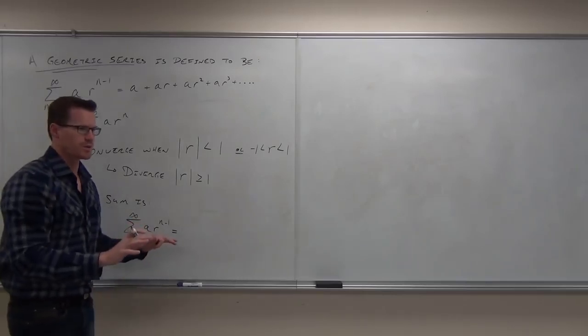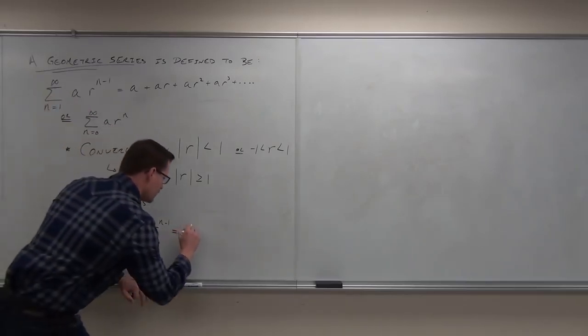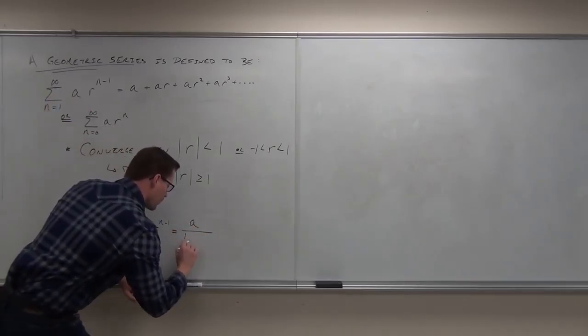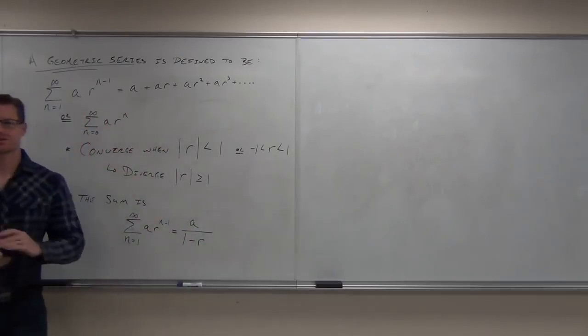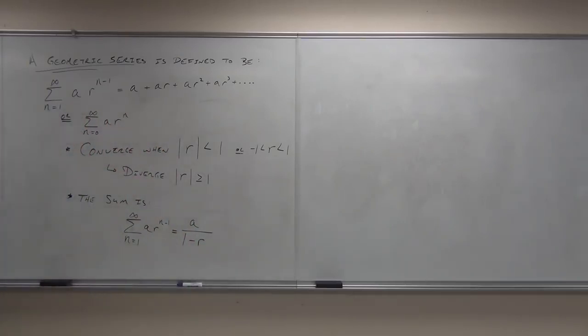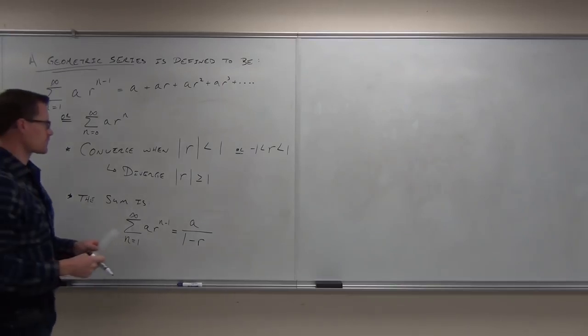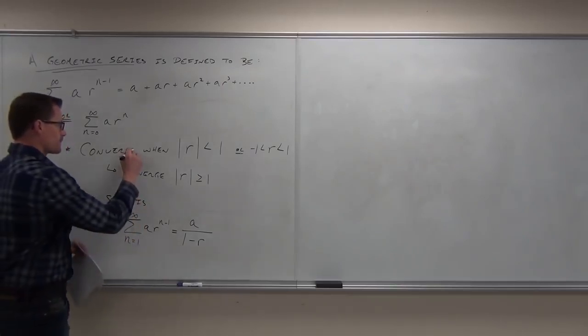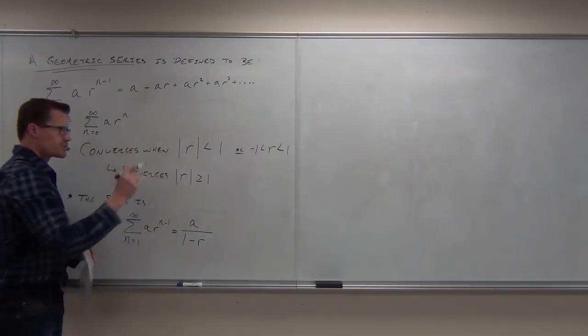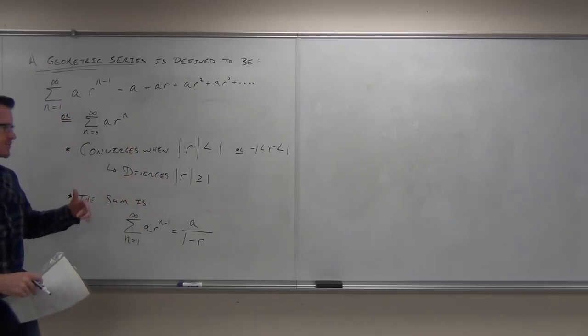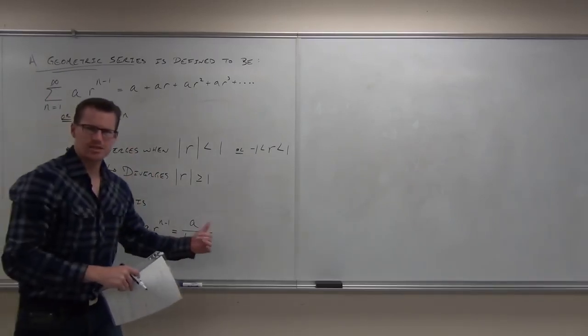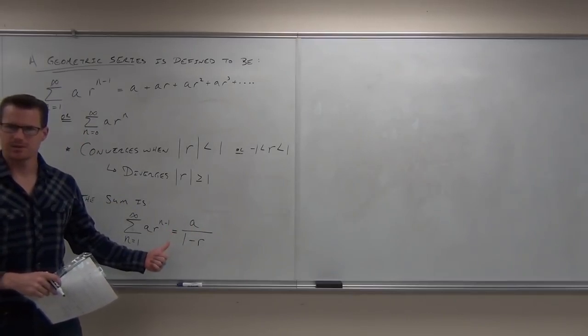And the sum's really, really nice. The sum is A over 1 minus R. That's it. You can always find the sum to these. So it converges when the absolute value of R is less than 1, and diverges when the absolute value of R is greater than 1. Would you like to see the proof for this, why this actually happens?